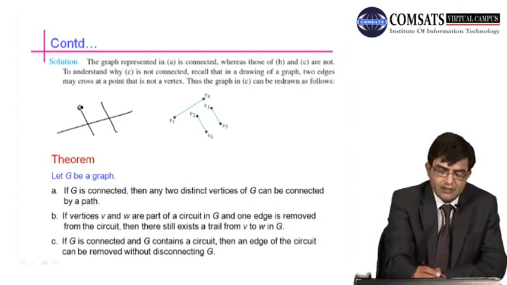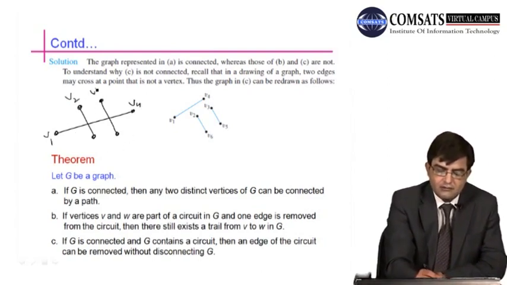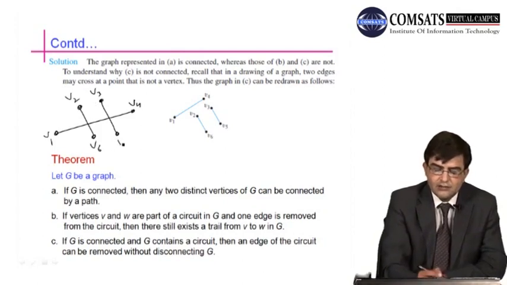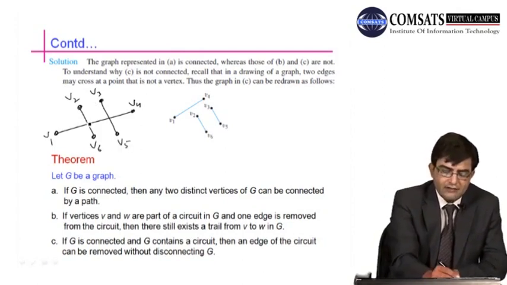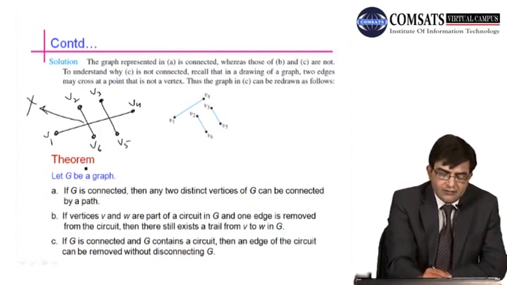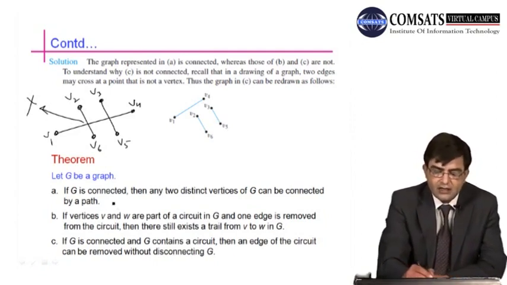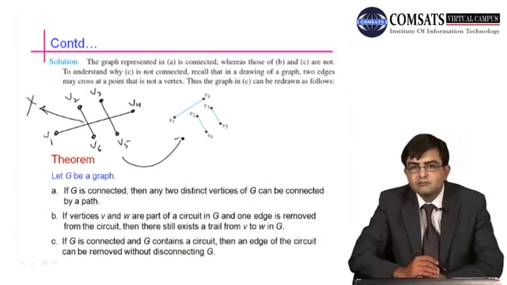Here we have V1, V4, here we have V2, V3, V6, V5. So this vertex and this vertex are not connected here by using any edge. So this graph can be redrawn like this.